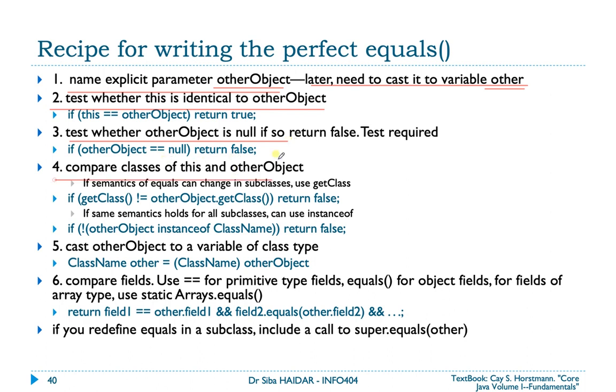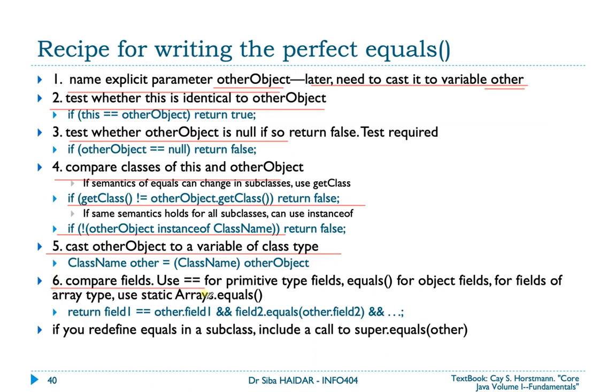Fourth, compare the classes of this and other object, either by if getClass or by if not other object instanceof class name. And if they are not the same, return false, of course. Fifth, cast other object to a variable of the class type: class name other equals class name casting other object.